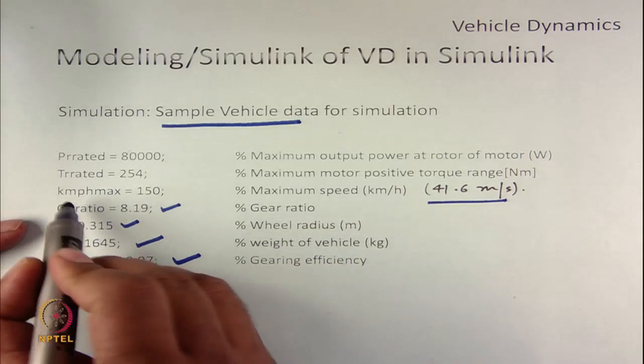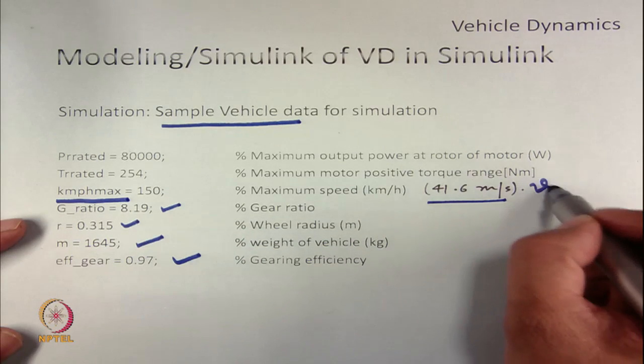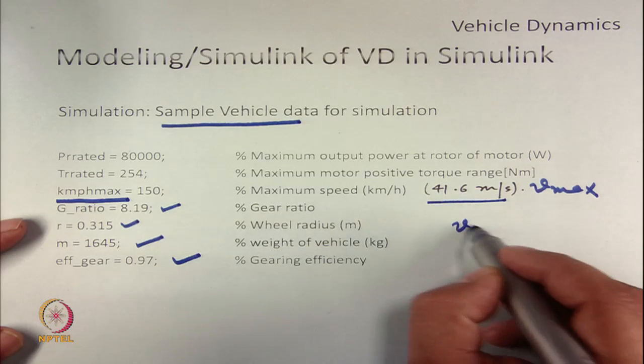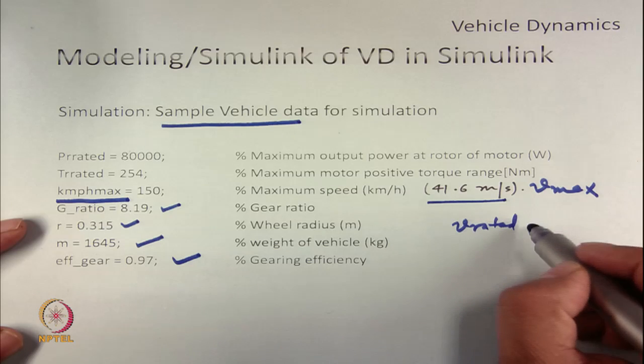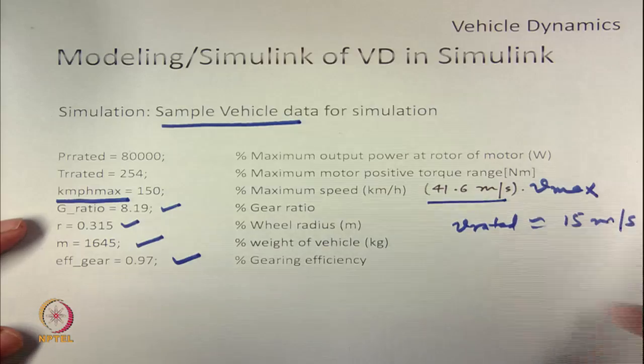So, this is kmph max, this is V max. V rated maybe in the order of 15 meter per second. So, we can do a simple simulation and get the results of V of t, torque with respect to time, power with respect to time.